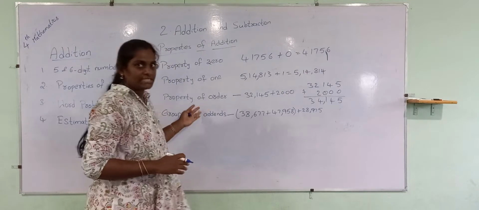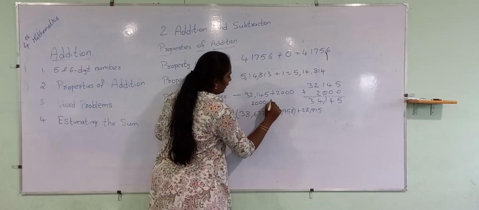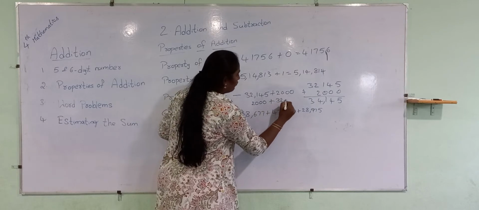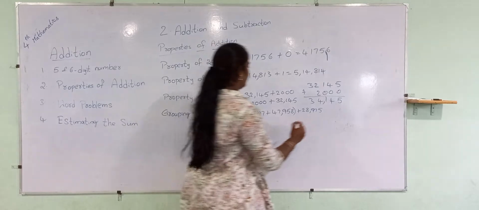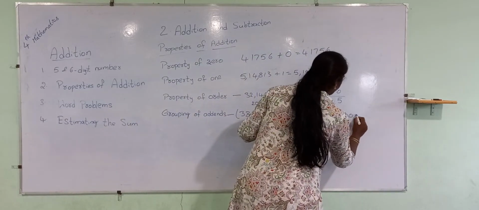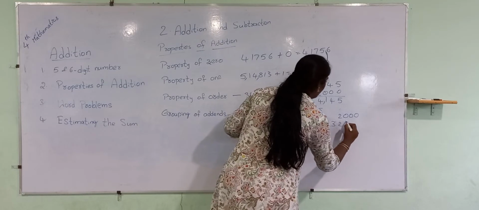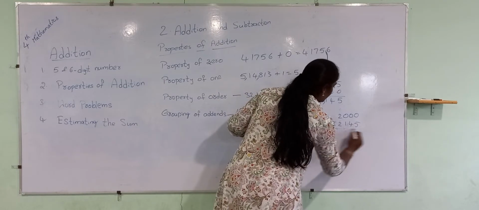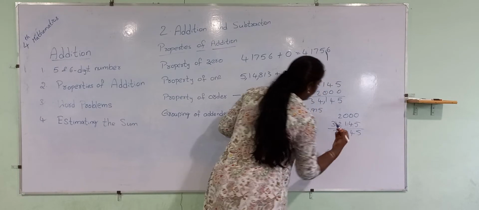Now, I will change the order. It means I will write 2,000 here and 32,145 here. Now we will do the addition. First write the 2,000. Okay. Now 32,145. Now do the addition. 5, 4, 1, 4, 3.